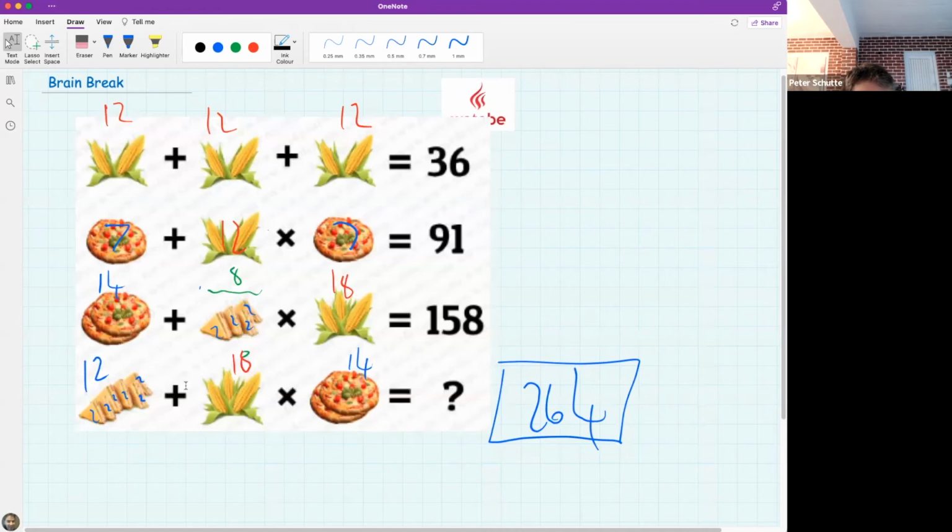And you get that by going 18 times 14, which is 252 plus 12, because there's 6 sandwiches, which gives you 264.